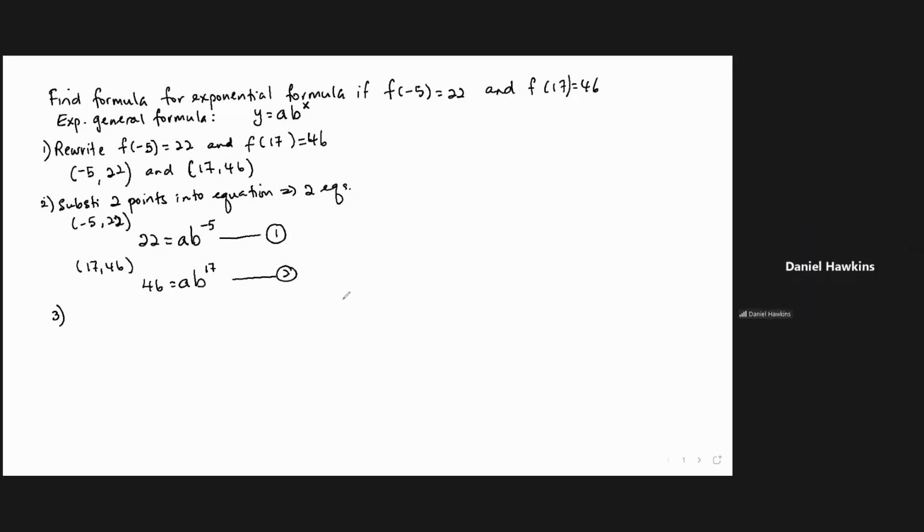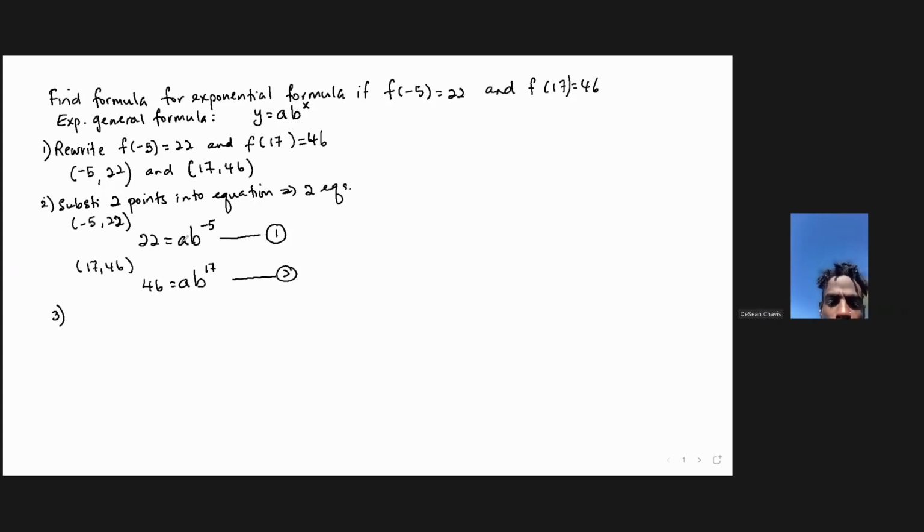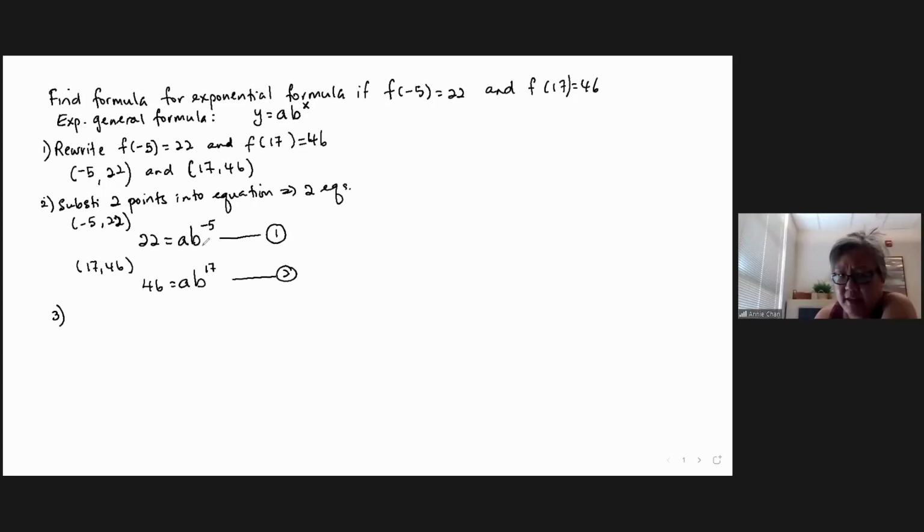Oh, wouldn't you put like A b to the 17 over A b to the -5? So I want to, okay, because I want to get rid of A and B. No, I don't want to get rid of A and B, because I want to find A and B. Yes.